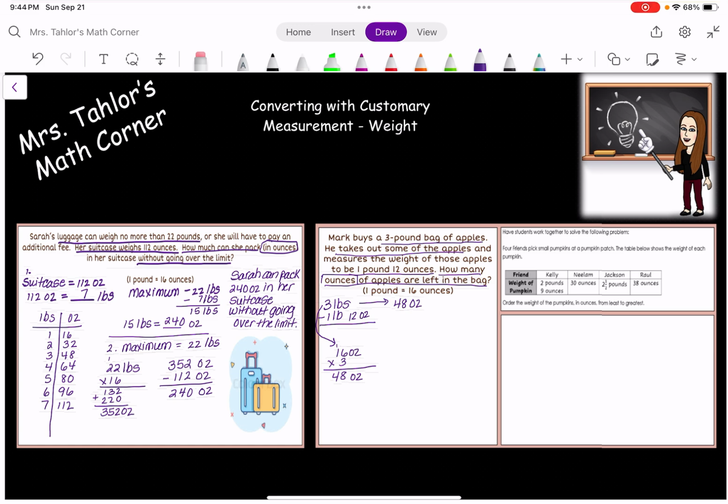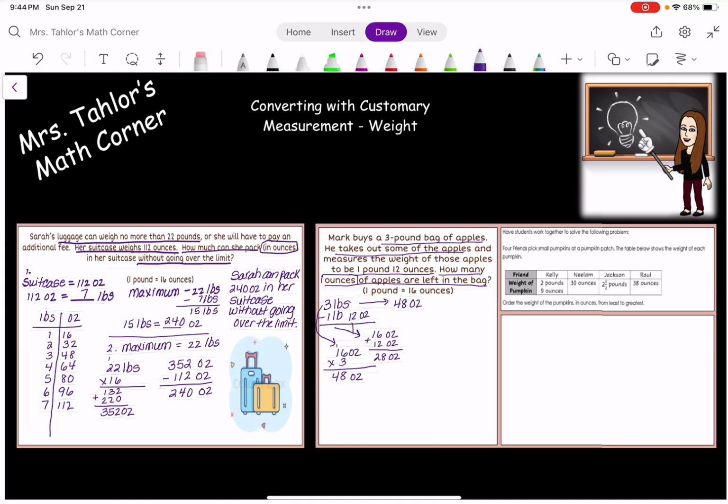I also know that I need to convert this pound, and I know that 1 pound is 16 ounces, and I know that 12 ounces can be added, so 16 ounces plus 12 ounces gives me 28 ounces.